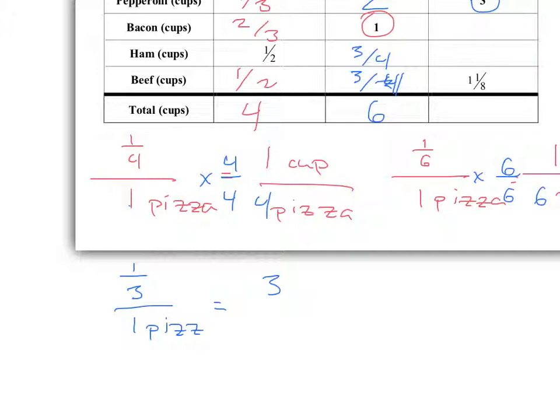So I know that it'll take 1/3, 1/3, and 1/3 to get to 1 cup. So that's 3, then times 3 more. There's going to be times 9 over 9, which tells me that this is going to be 9 pizzas.